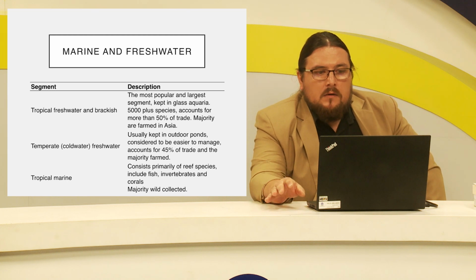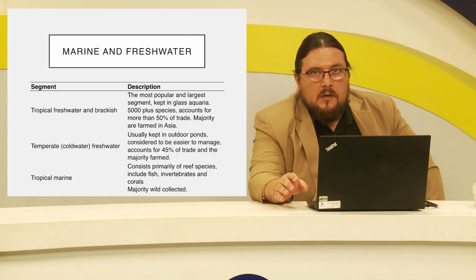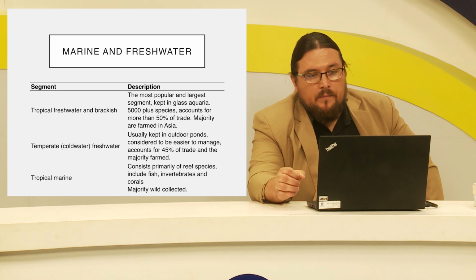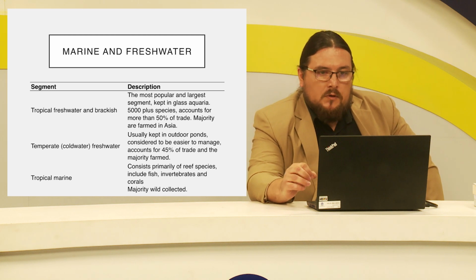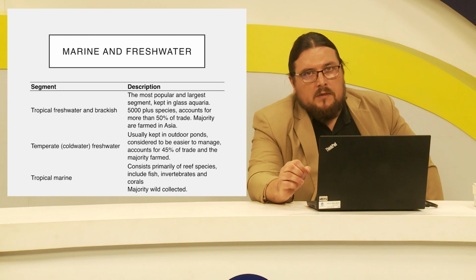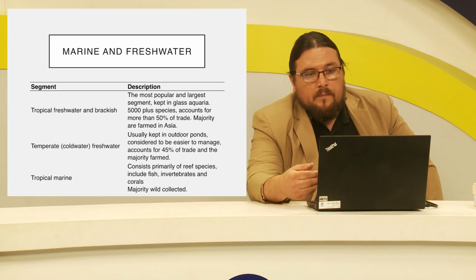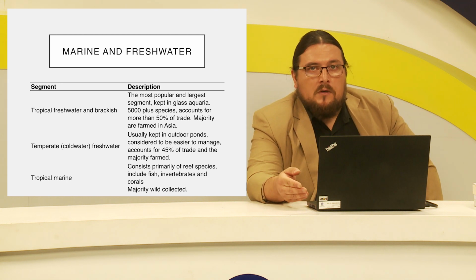Now, where are the differences between freshwater and brackish ornamental animals, temperate, or you can say cold water animals, and tropical marine? In case of freshwater and brackish, especially freshwater, the vast majority of these animals are cultured in captivity. So they are produced in farms or indoor aquaria. There are more than 5,000 species used for ornamental purpose.